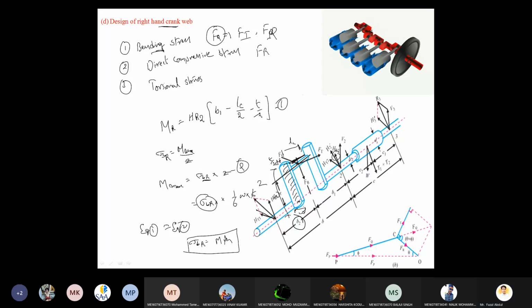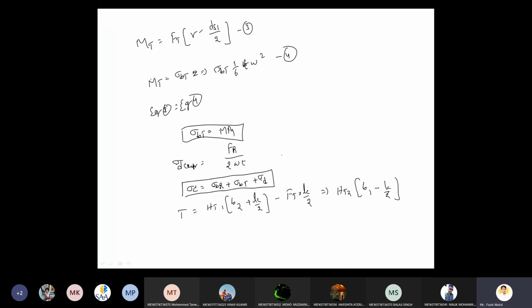Minus FT. The FT is acting in this direction and this HT is acting in this direction, so for that reason I'm subtracting one from the other. So FT into b1 minus lc by 2, this half portion. Like that I'm taking the twisting moment. Okay, so that I have written here.